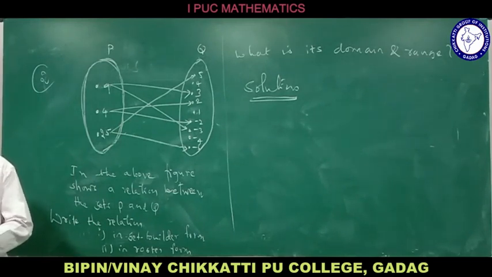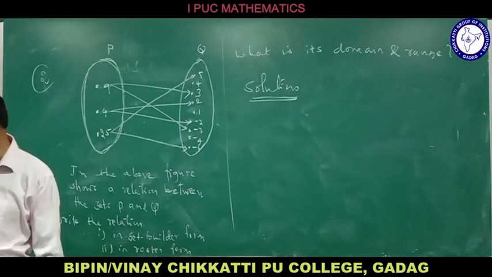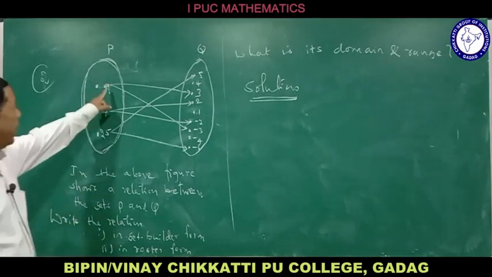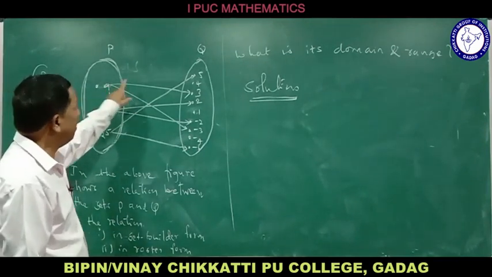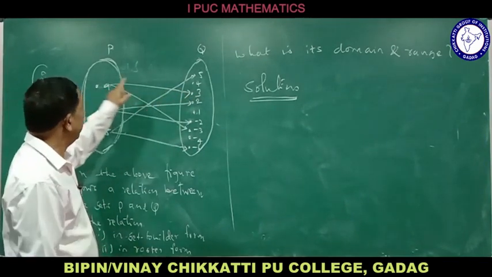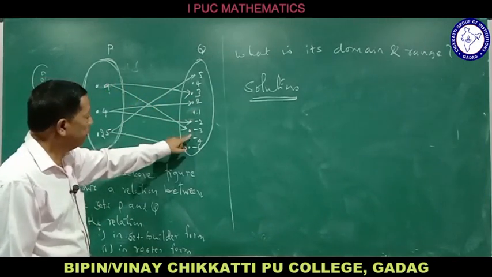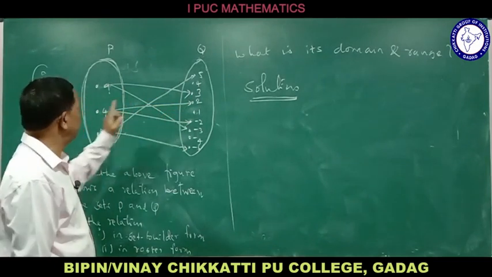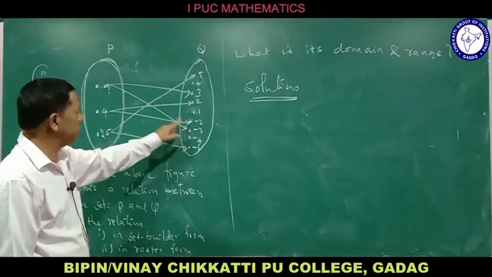It is clear that the relation R is: 9 is the square of 3, 9 is the square of minus 3, 4 is the square of 2, 4 is the square of minus 2.